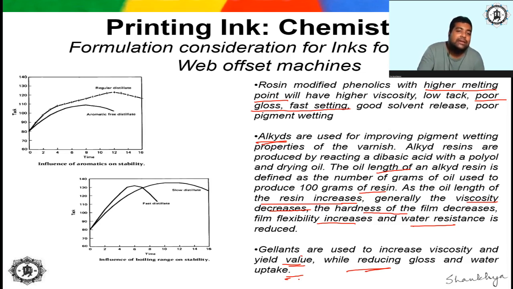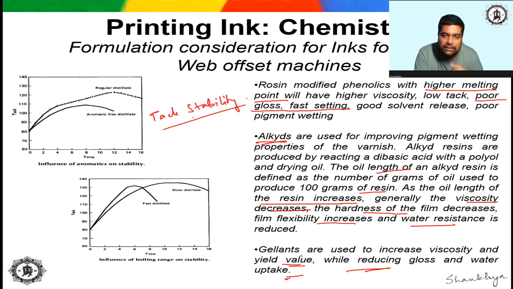Now, here you see the effect; we call this type of curve a tack stability curve. We can obtain this curve by running your vehicle, or your varnish, or your finalized ink through a machine known as an inkometer, which is used for the measurement of tack in the ink.